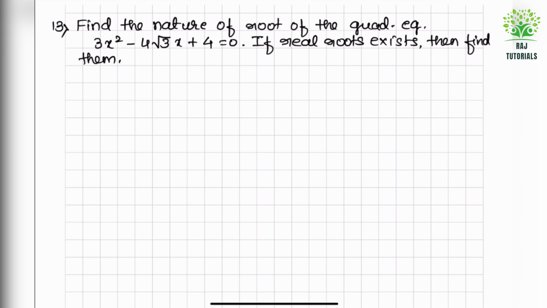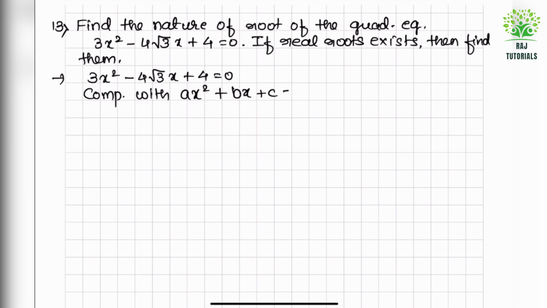Next question says find the nature of roots of the quadratic equation 3x square minus 4 root 3x plus 4 equals 0. So, the equation given to me is 3x square minus 4 root 3x plus 4 equals 0. Now comparing with ax square plus bx plus c equals 0, a equals 3, b equals minus 4 root 3 and c equals 4.